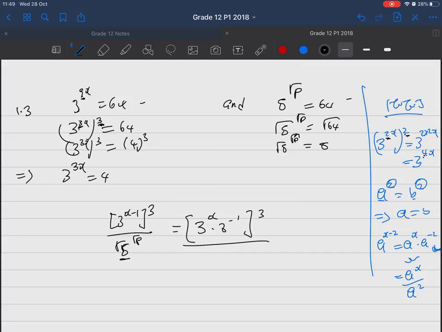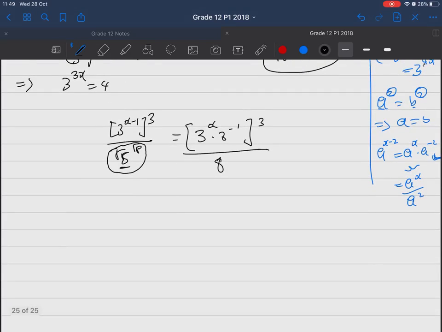Well, we know this is that. So this is 8. That's nice. And this is 3. So now this is 3 power 3x times 3 power minus 3. How do I know that?